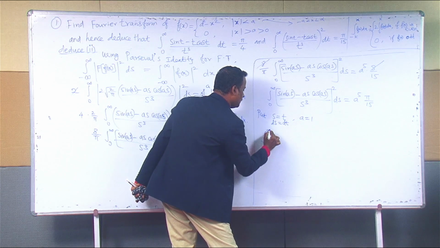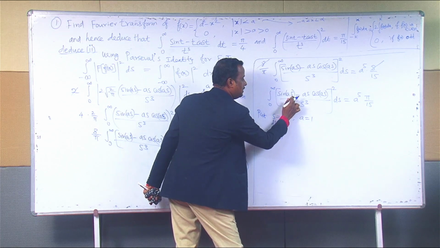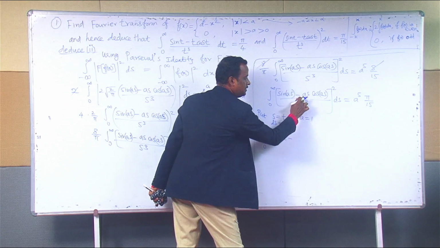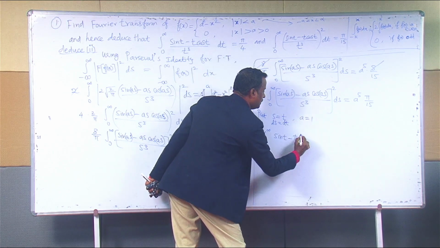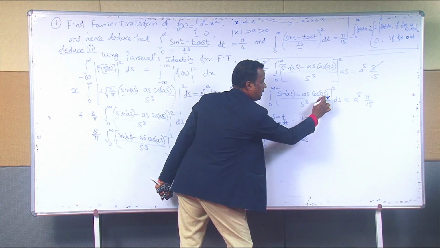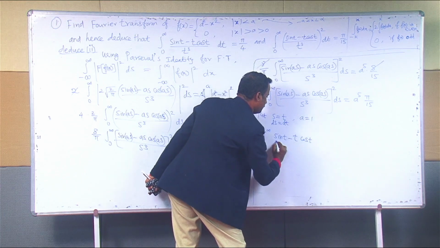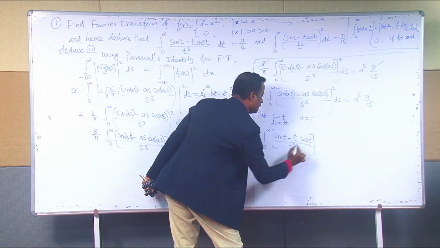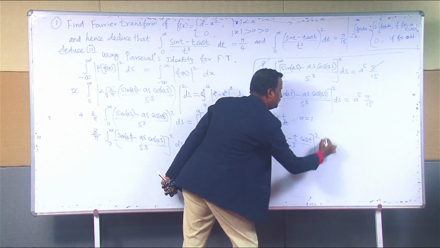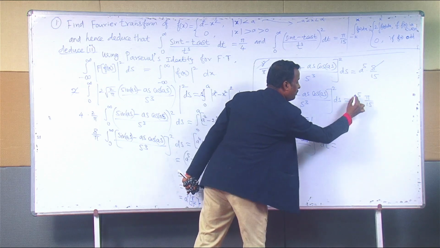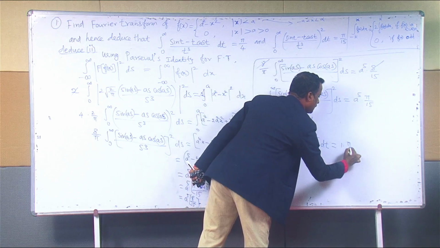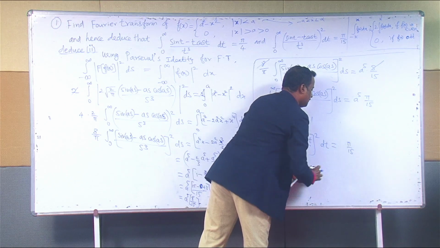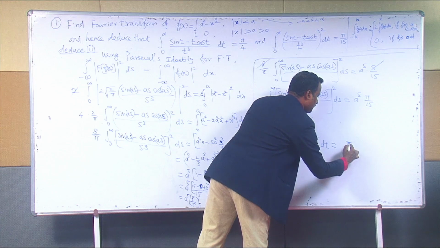Integral 0 to infinity (sin t minus t cos t) divided by t cube the whole square dt, which is equal to a power 5, value 1, into pi by 15, so it becomes pi by 15.